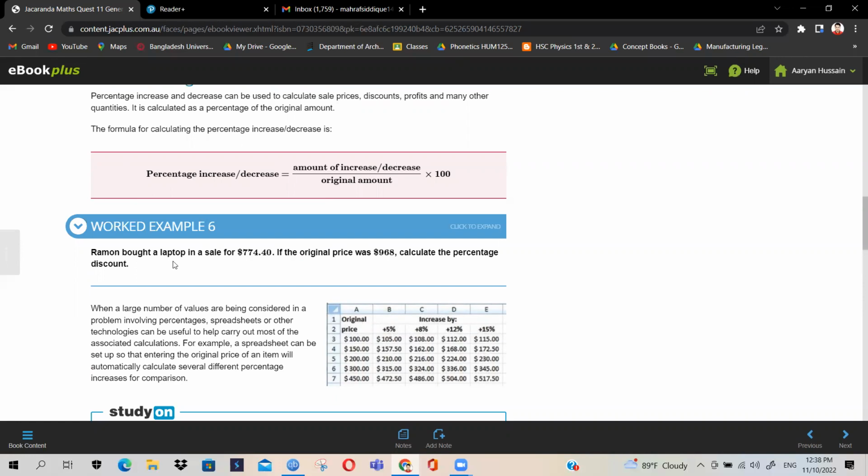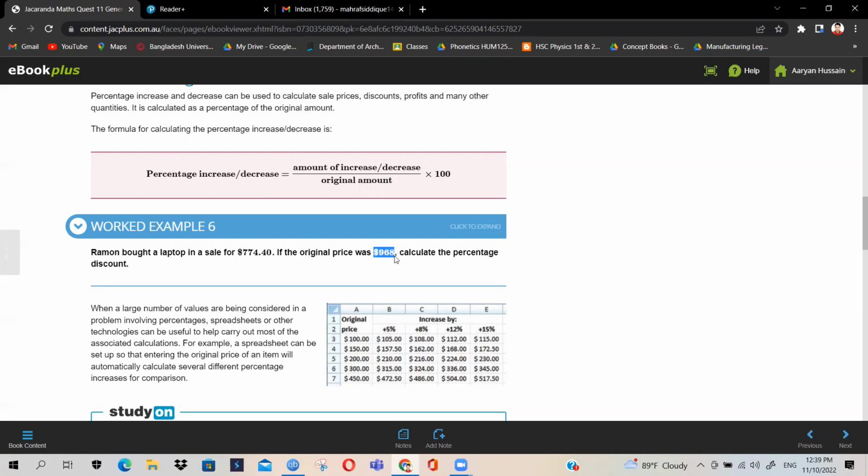Raymond bought a laptop in a sale for $774.40. If the original price was $968, calculate the percentage discount. First of all, he has bought the laptop for $774 and the original price was $968.